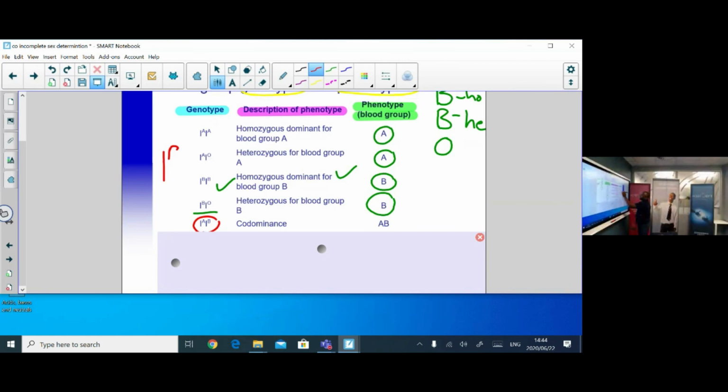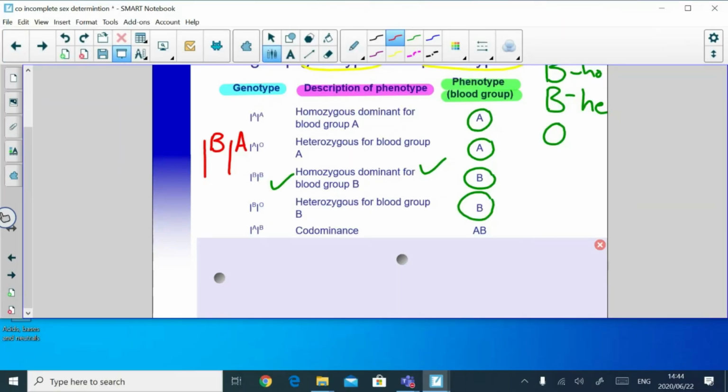It won't be wrong, but it's always easier and proper to start with A, right? So you should have written there I^A and I^B. And then for the description, you write codominance. And then blood group, it's AB.